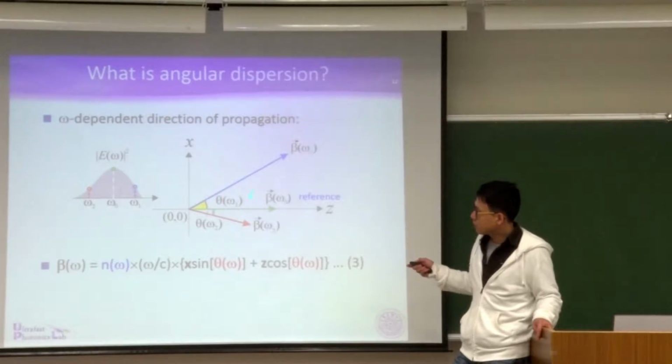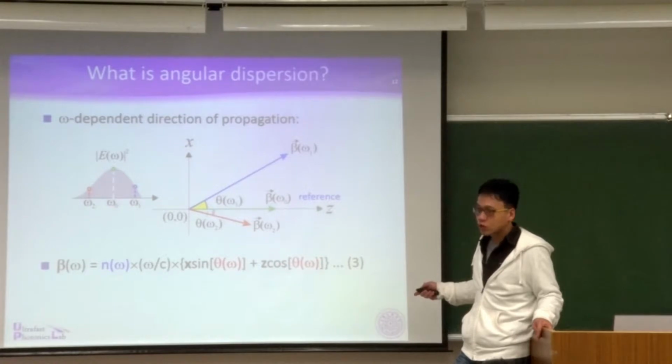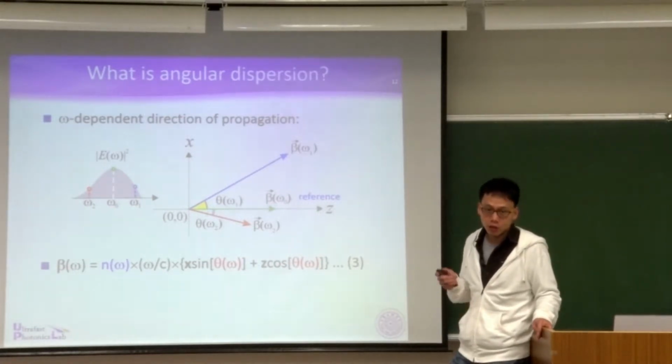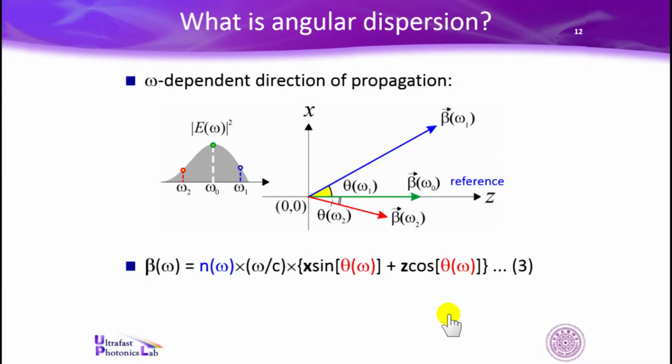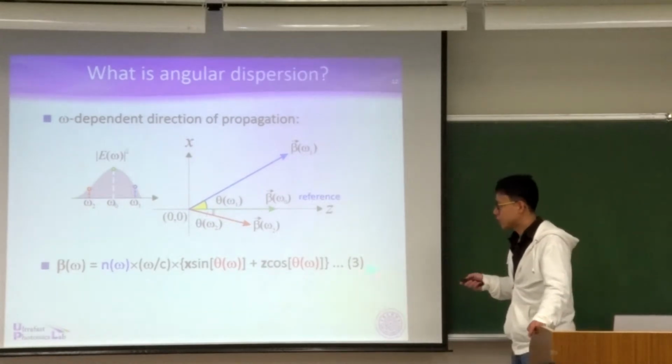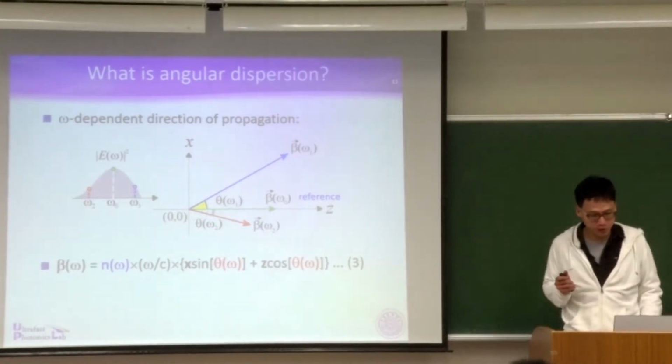It follows this picture. The x component is proportional to sine of theta. The z component is proportional to cosine of theta. And remember, theta is not a constant. It's a function of frequency. So the second term here is a function of frequency. The arrow changes direction as frequency changes. And this is the equation sheet we will use.